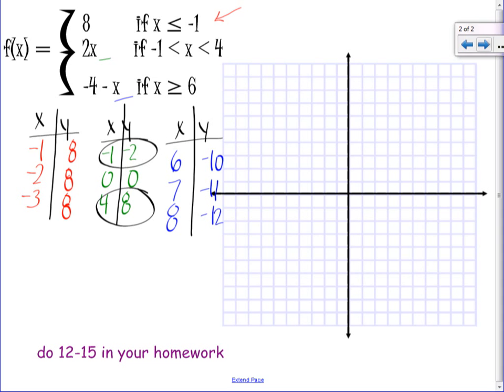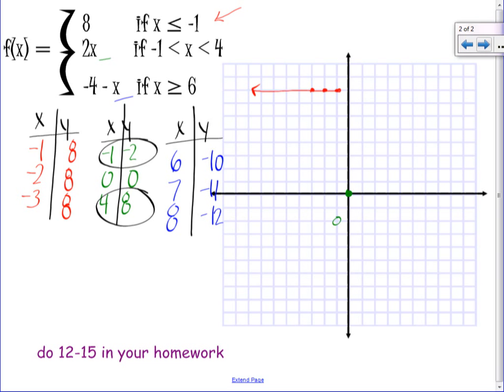Let's do the red first. -1, 8. So there's that one. -2, 8. -3, 8. So moral of the story here is this one's going forever that way. The middle one, we need 2 open circles. So we go -1, -2. That one's open.